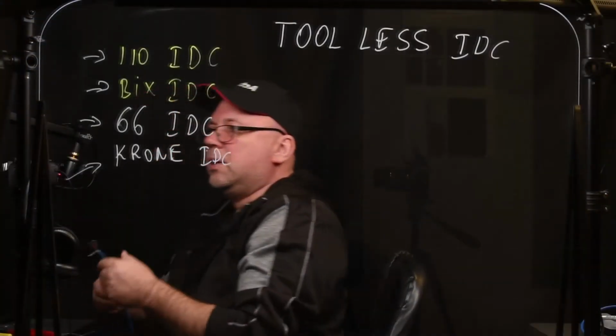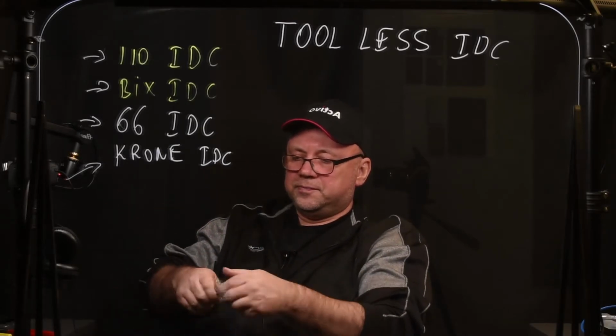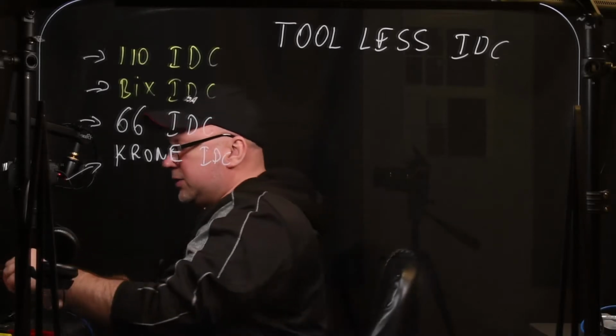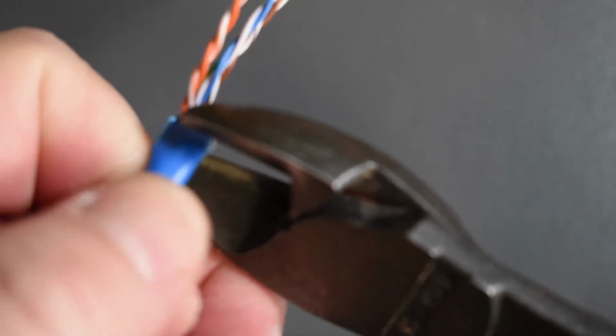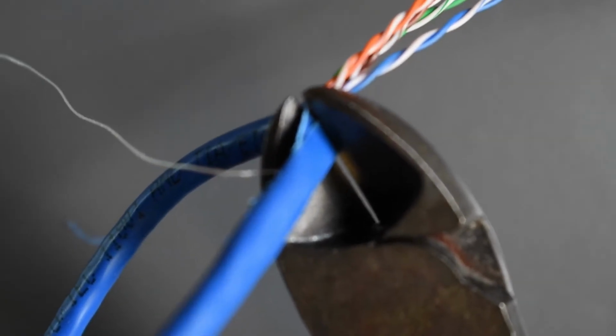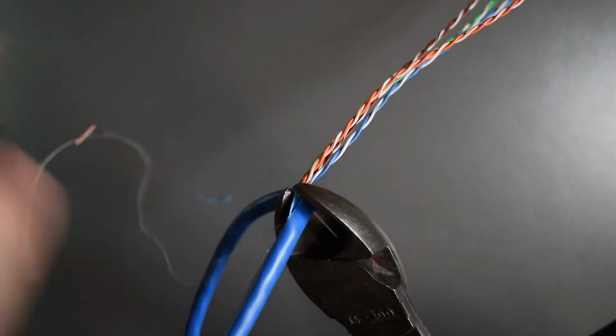Now I'm just going to peel off the insulation and cut this off. Always cut it off. Do not have any of the garbage hanging around here. So basically this is the way I do it.